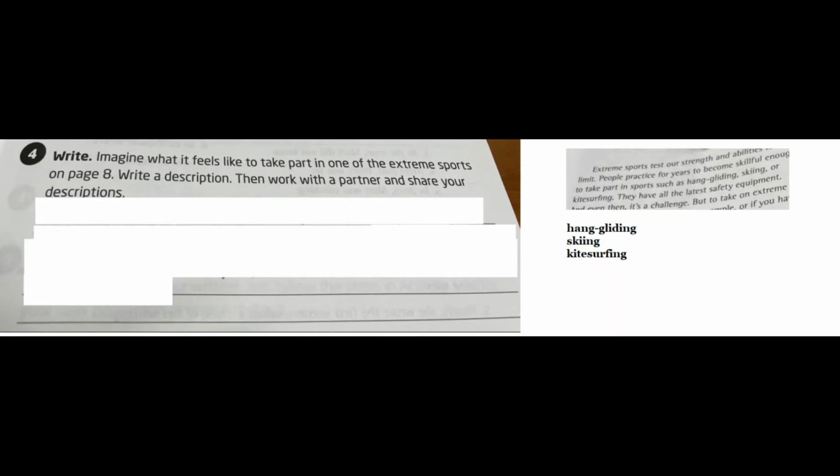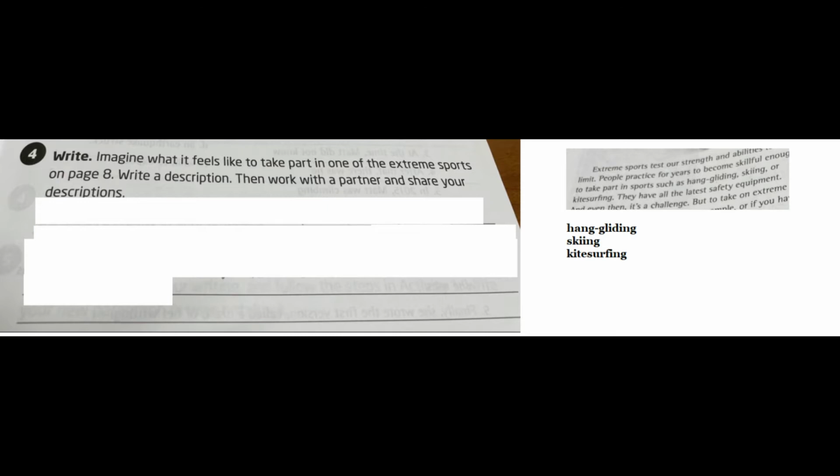And if you are doing this, great. The article that's mentioned here on page 8 talked about hang gliding, skiing, and kite surfing. So that's what is being asked to write about, write a description about, and to share their descriptions.